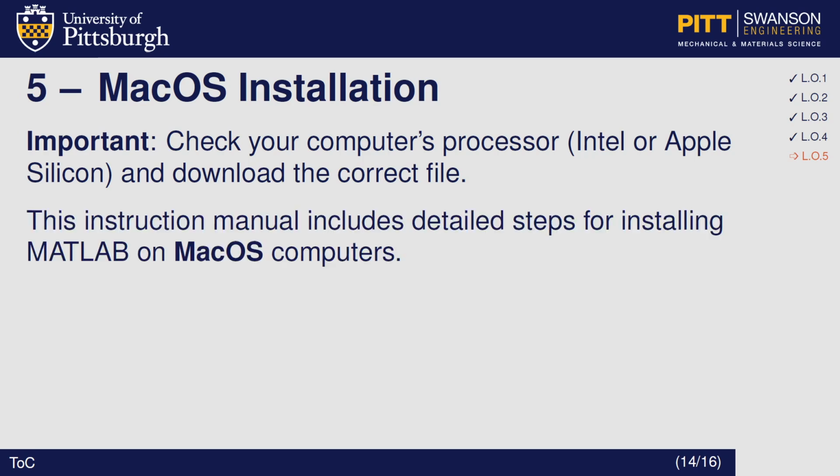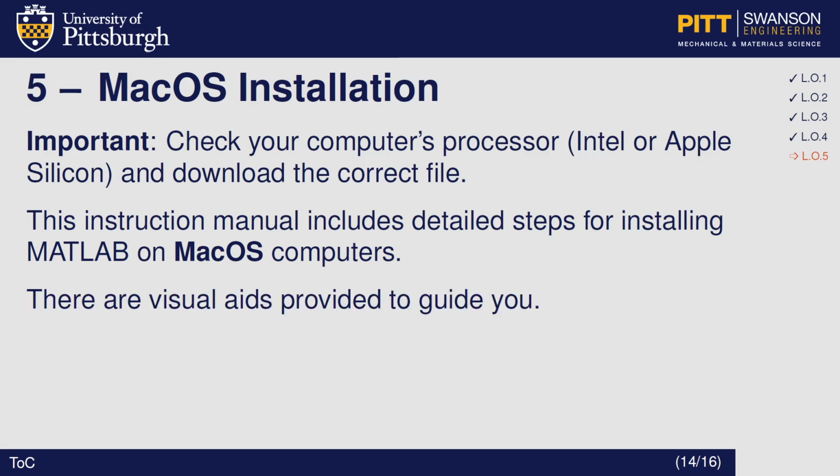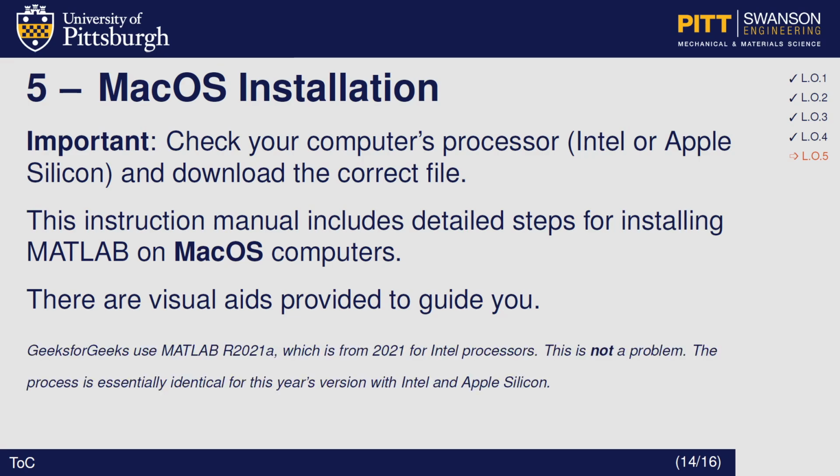With that said, the linked manual on this page will again take you to a Geeks for Geeks instruction set, which gives you visual aids and provides you a detailed set of instructions to install MATLAB. Importantly, this manual uses R2021A, which is from 2021 for Intel processors. Again, this is not a problem. The hyperlink at the bottom of this page will take you to their instructions.